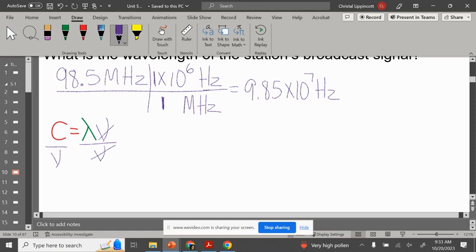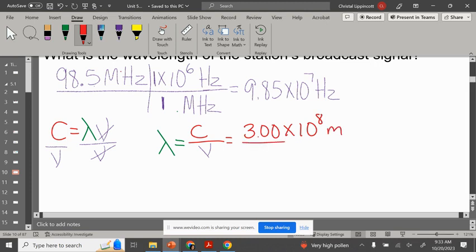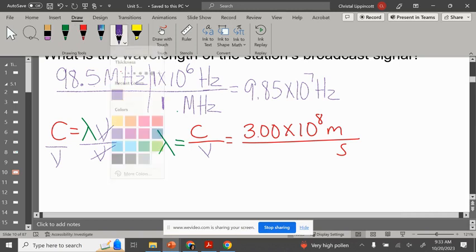Frequency will cancel out on this side. That's going to leave me with wavelength equaling speed of light over frequency. Speed of light stays the same for every problem. And then I'm going to grab the frequency we calculated up here and bring it down.